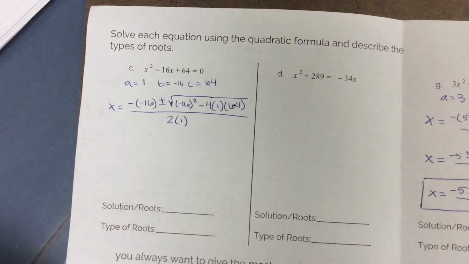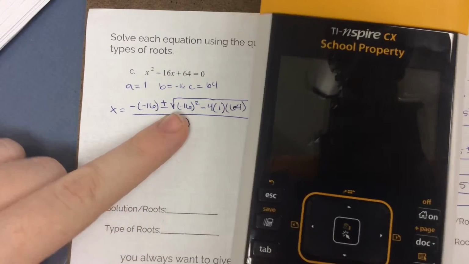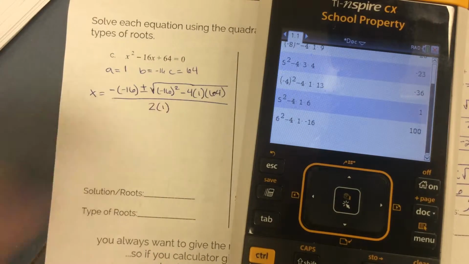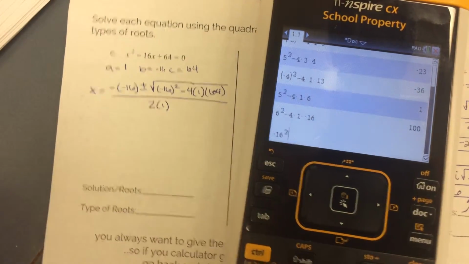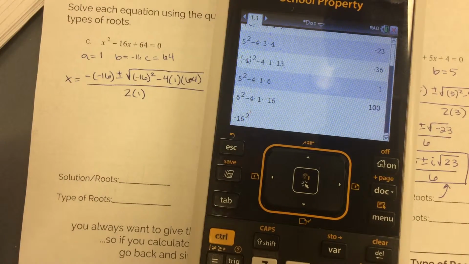Okay. Now this is a good example of why it's important to use parentheses. If you were to plug in, say, negative 16 squared, negative 16 squared should be a positive number because a negative times a negative is a positive.